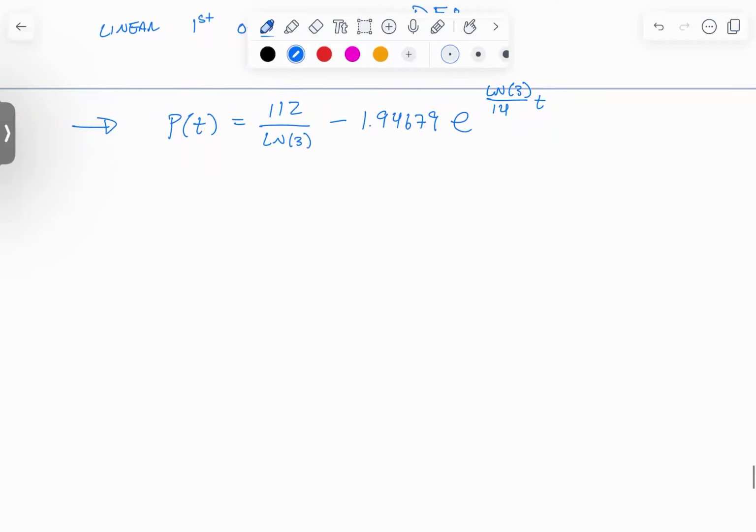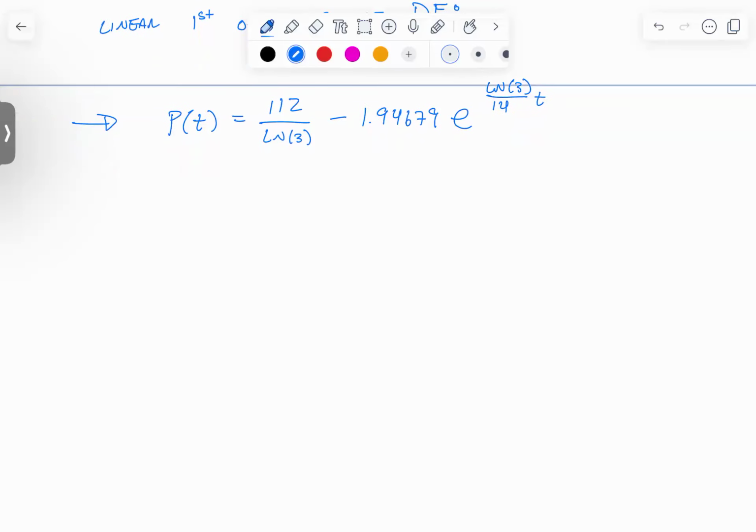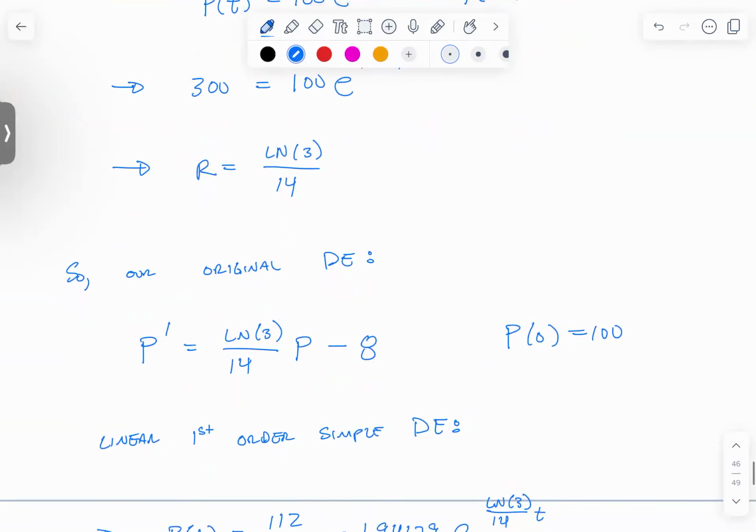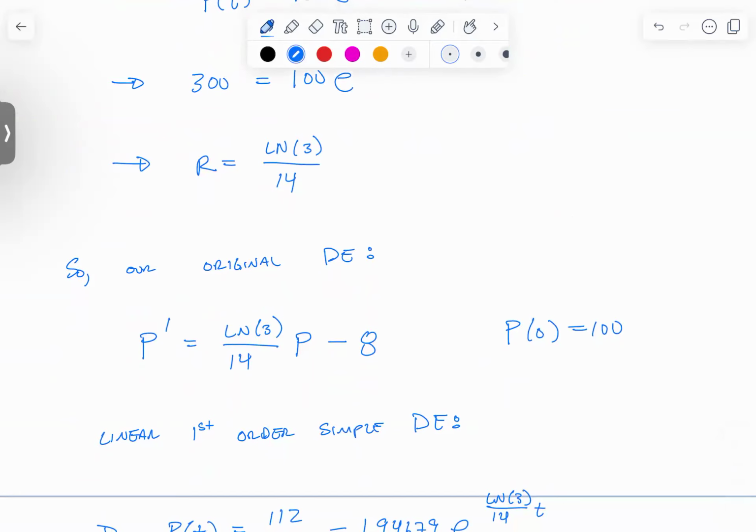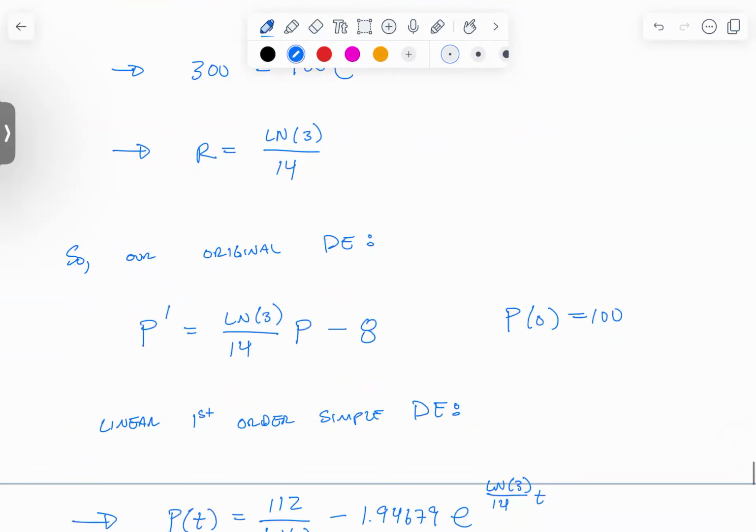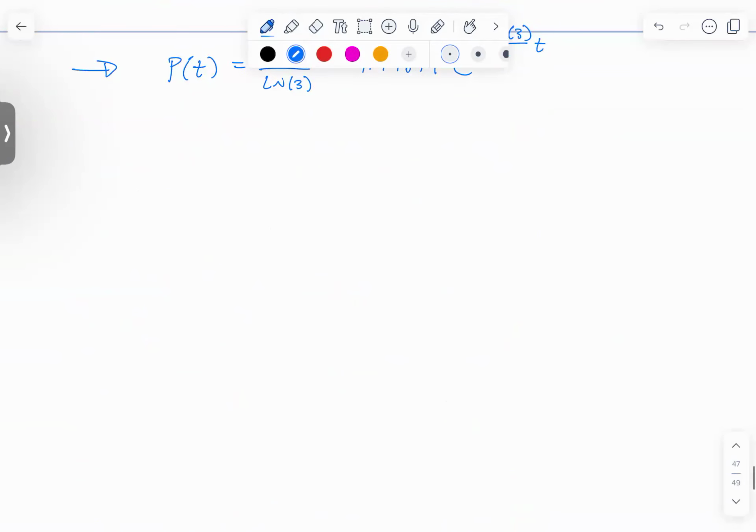Then the last important part. Just looking at this differential equation, is the population going to be increasing or decreasing? Just because this number is small, it seems like it should be decreasing, and it is decreasing. So I can plot this as well.